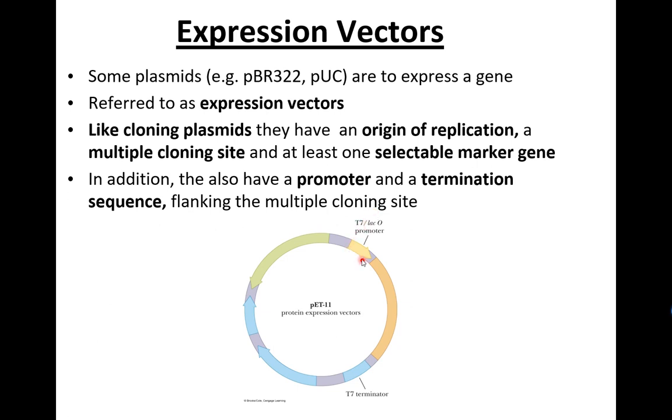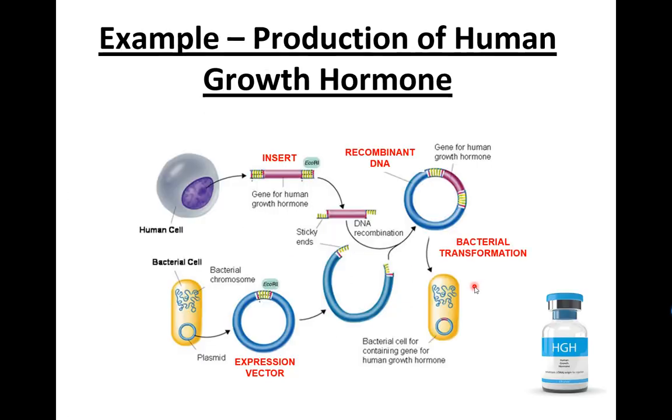So if this is the multiple cloning site, now you would have the promoter here. This is a T7-like promoter, specific, active in bacteria. You have a termination sequence here, so anything that's inserted at this point will now be expressed through the activation of this promoter, and therefore the protein in here will be expressed.